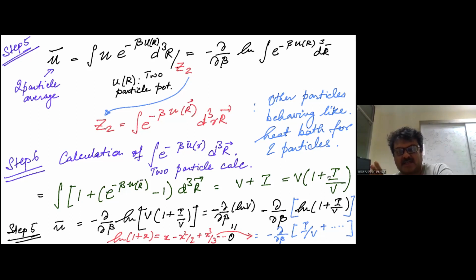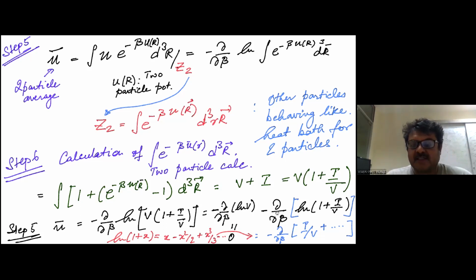So I has this integral of e to the minus beta ur -1, divided by V. But even before that, I by V is going to be a small term because V is the volume, and here you are really looking at a small contribution of interaction between two pairs. So ln V is a function only of V, and so the derivative with respect to beta is going to give 0.